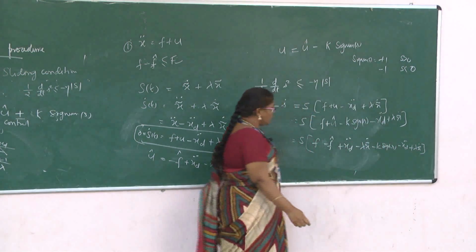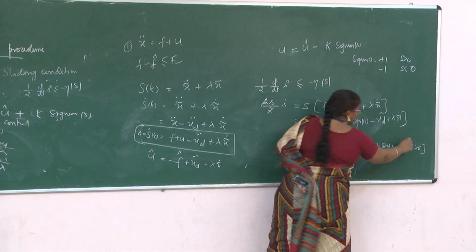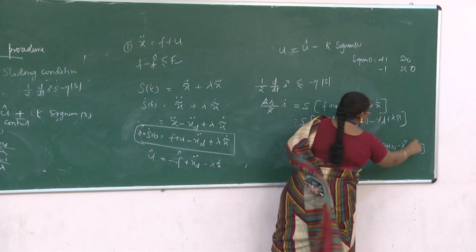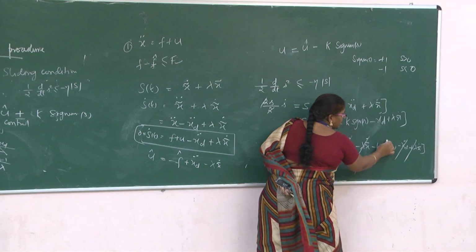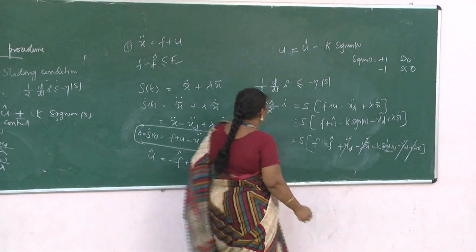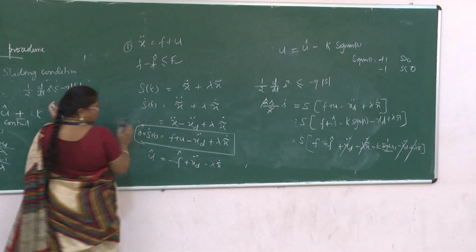We cancel the terms; this one and this one get cancelled. The signum function I can name as 1 because s is greater than 0. So the remaining terms are these.